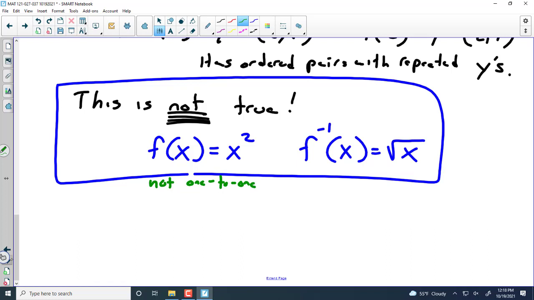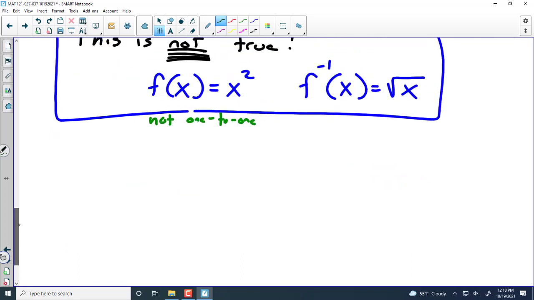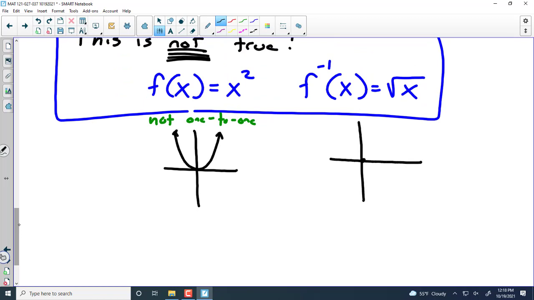I also know it's not the case because this graph looks like this, and this graph looks like this. They are not reflections of each other. X squared and the square root of x are not inverses of each other because their graphs are not reflections of each other over the line y equals x.